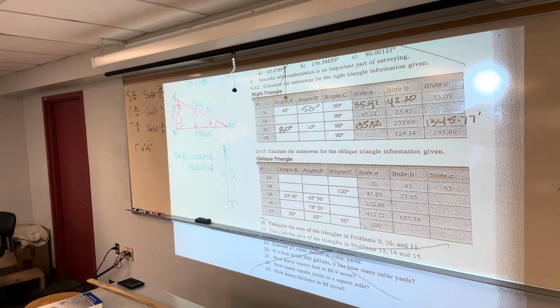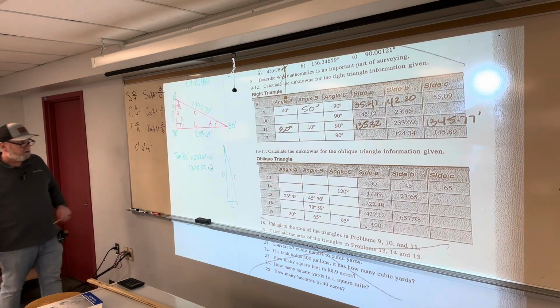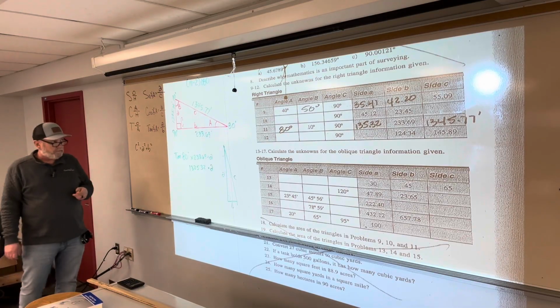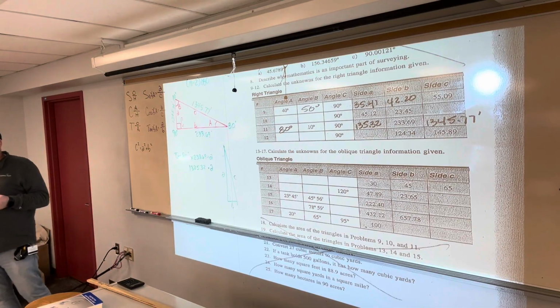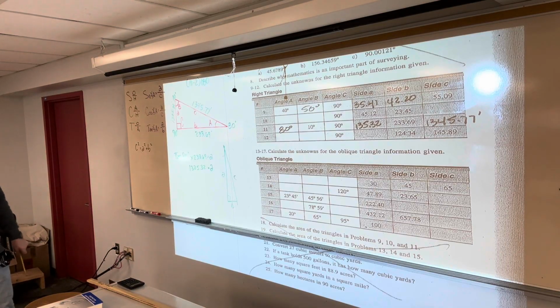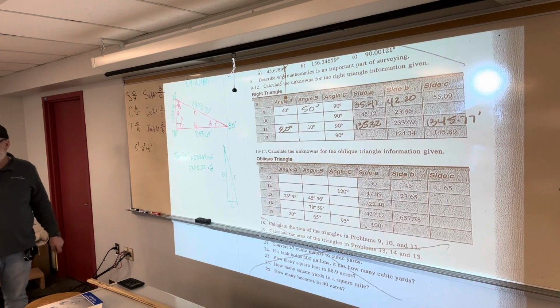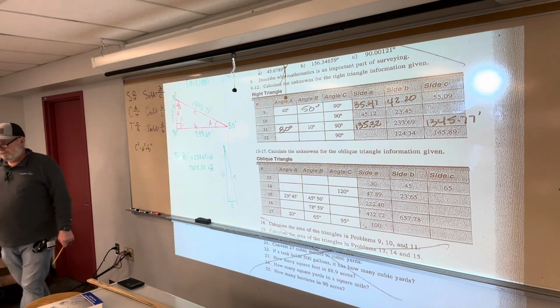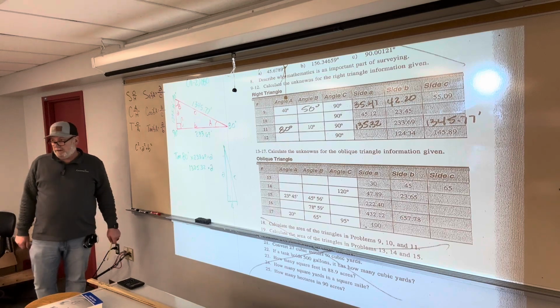Okay. Regardless of how this is drawn, looking at the numbers, we know C is the hypotenuse. The hypotenuse is always the longest side. So, after looking at this, does the hypotenuse we calculated make sense? Is it the biggest number? That's good, right?